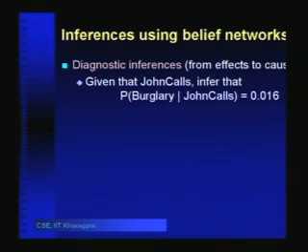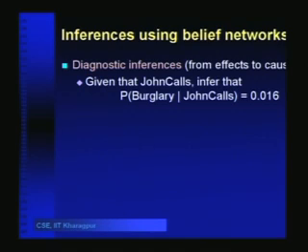Now we are interested in doing different kinds of inferences using belief networks, right. I am just introducing them today and we will pick them up from here in the next lecture. So one is diagnostic inferences, where we go from effects to causes, right.